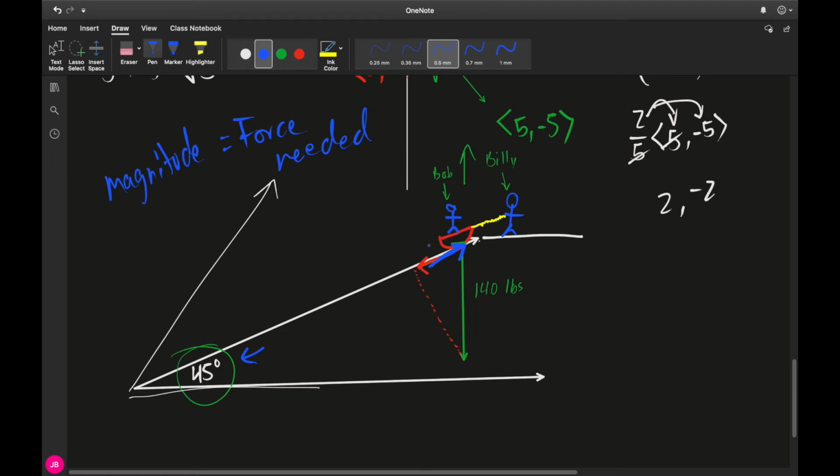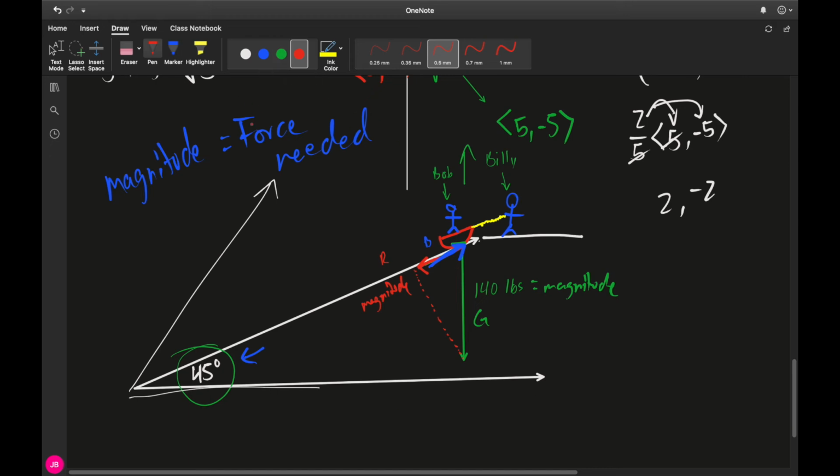So we have vector B, B stands for blue, vector G, which is going to be green. That's gravity. That's gravity working on Billy, and that's 140 pounds. That's the magnitude. And we're going to have vector R, whose magnitude is going to be whatever Billy is having to exert to keep Bob up on that hill.